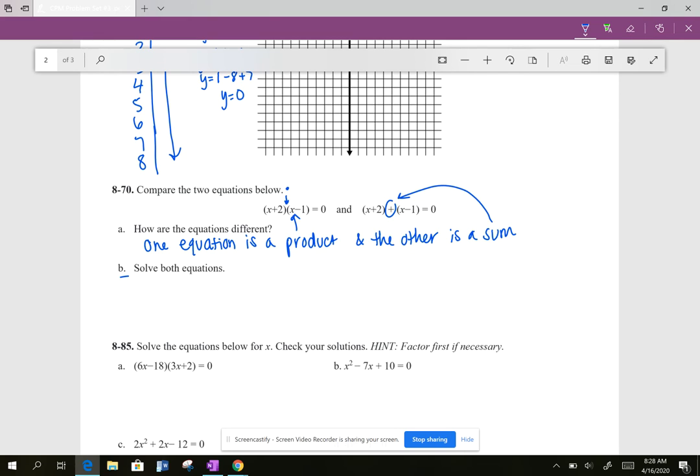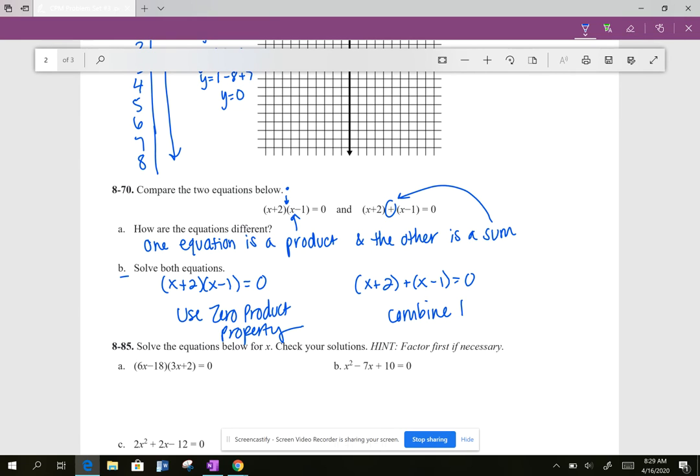I'm going to give you a hint. For this one, you're going to use the zero product property. And for this other one, you are just going to combine like terms and solve.